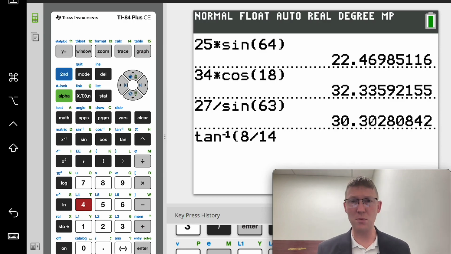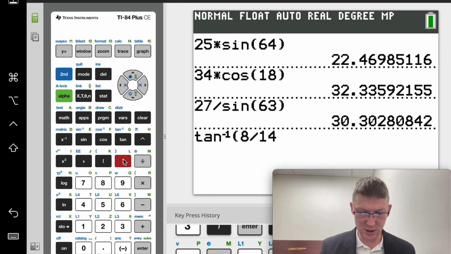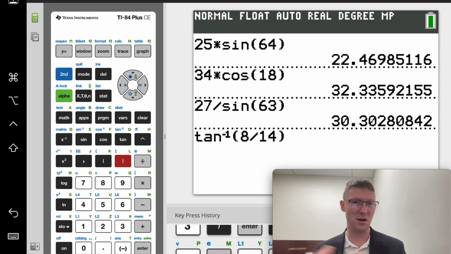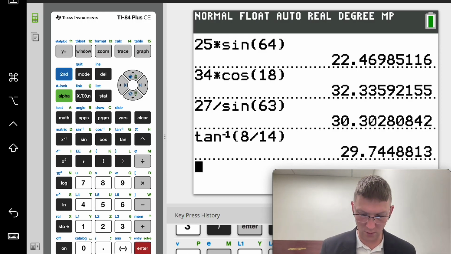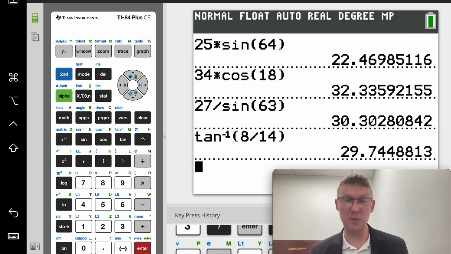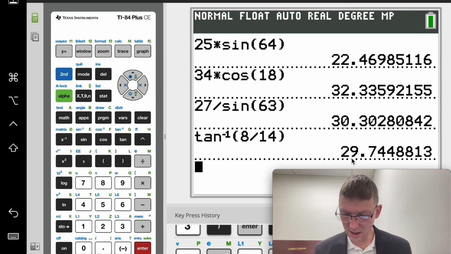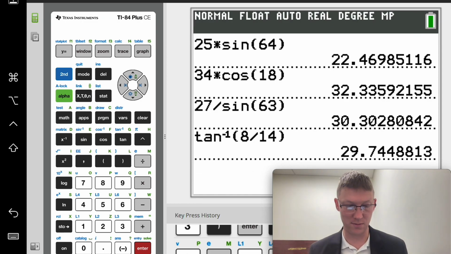You don't have to worry about making it a fraction. Dividing actually does the same thing. And just for good measure, we can close our parenthesis. You don't really have to when it's at the end, the calculator will do it for us, but it's a good practice to get into. And this number here means that our angle is 29.7 degrees. So that's our answer. Theta equals 29.7.